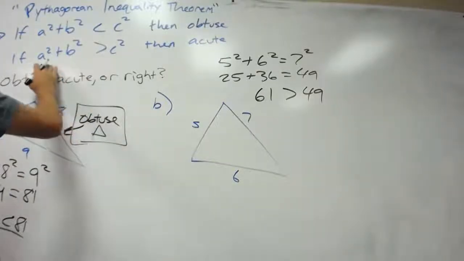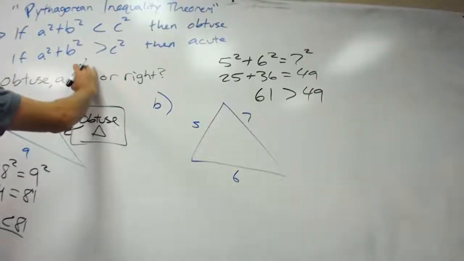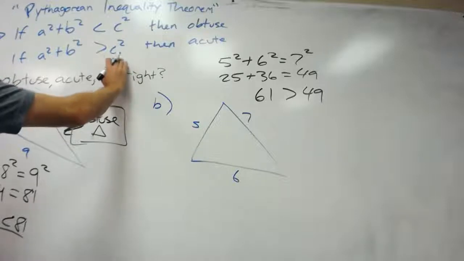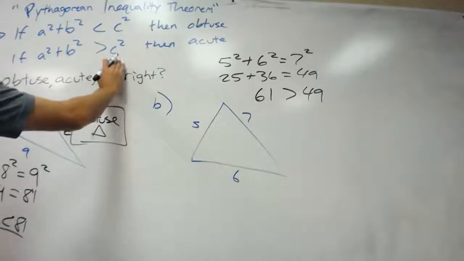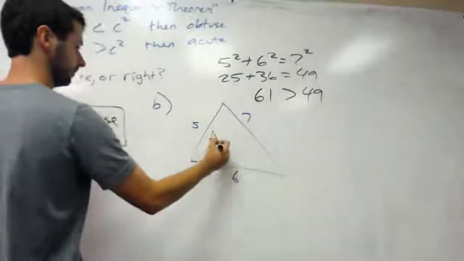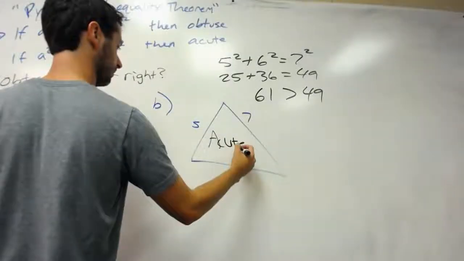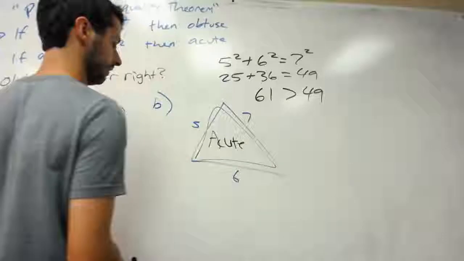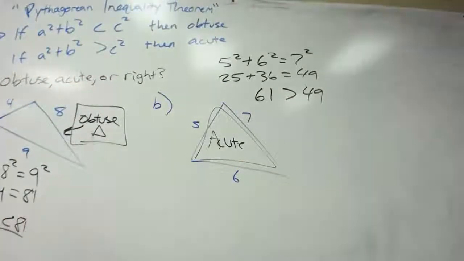So if a squared plus b squared is greater than c squared, then it's acute. So it's an acute triangle. And that's how you do the converse of the Pythagorean theorem and the inequality in the Pythagorean theorem.